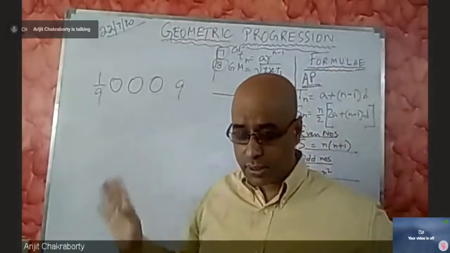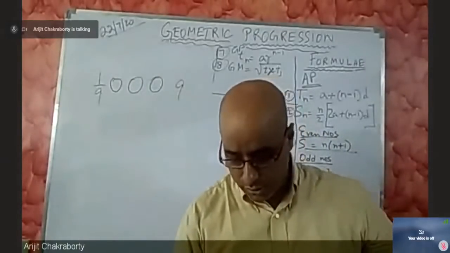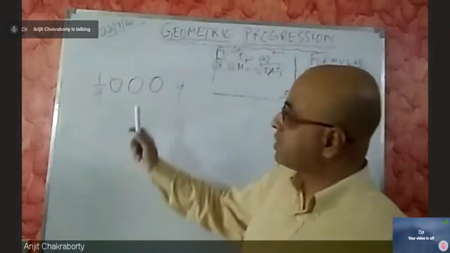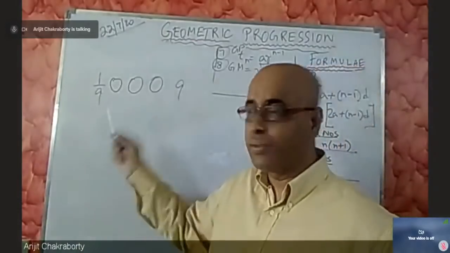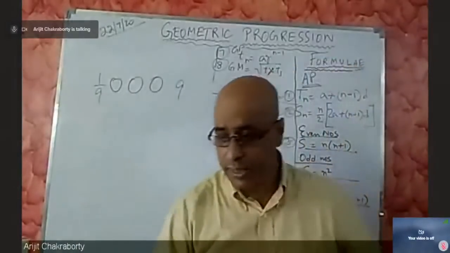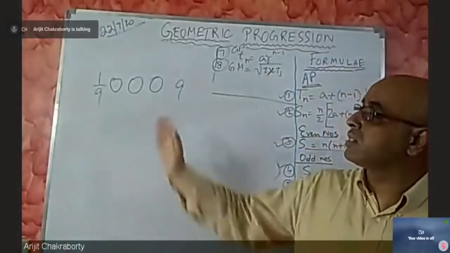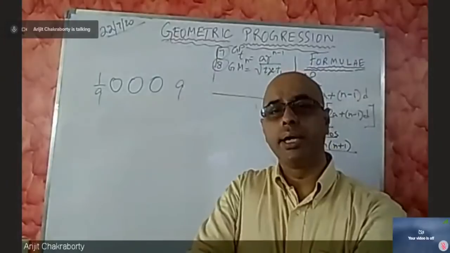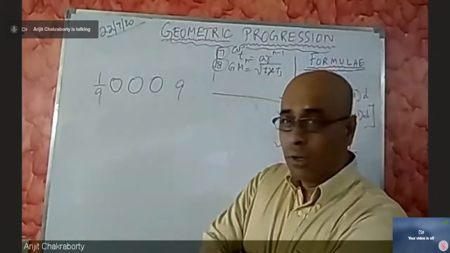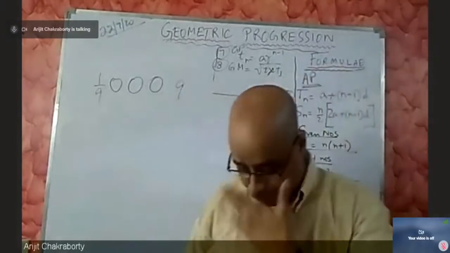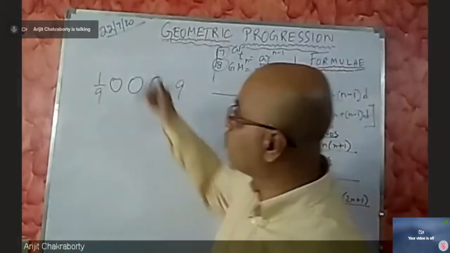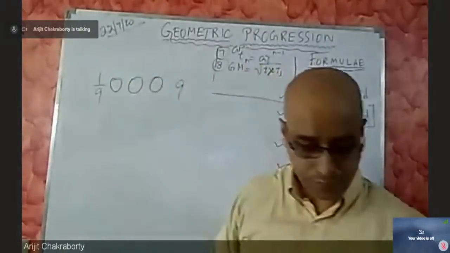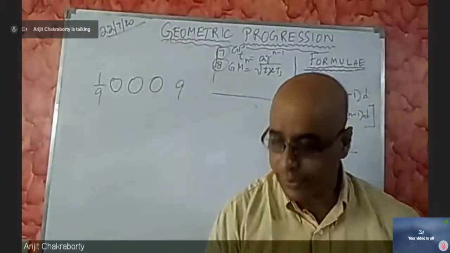If you look at the given relation, first please see that it is given that it's a GP. The question tells you that geometric mean means it is a GP, no doubt about it. Now, this is the first term, T1.